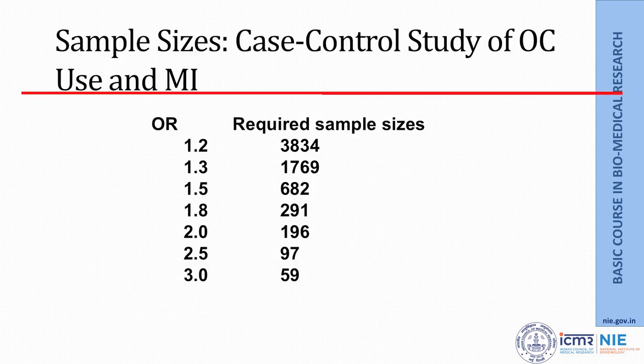Now, this slide gives you the required sample size for various OR. Say for example, you want to detect an OR of 1.2, then you need a sample size of 3,834, whereas if you have to estimate an OR of 3, it is enough you have 59 in each group.